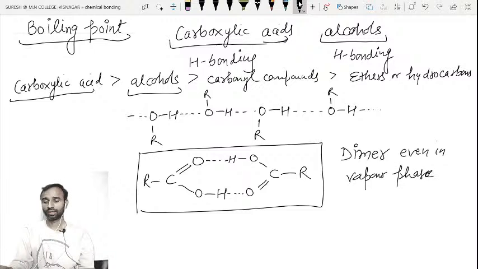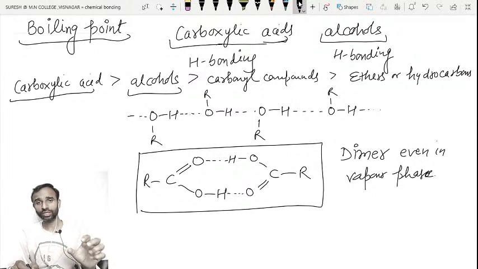That means they are always existing as dimers. As they exist as a dimer, their molecular mass is always double that of the single molecule.